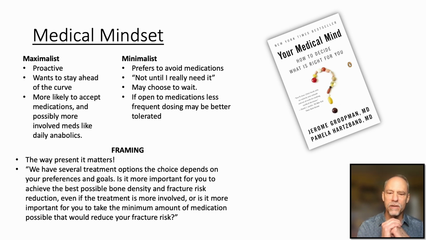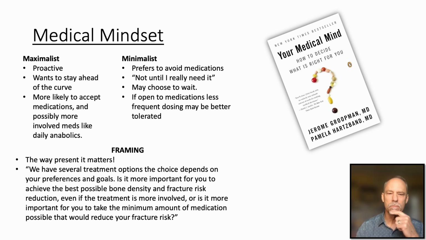Some of those people may choose not to be treated right away. They may choose to use some of the integrative approaches I'm going to talk about in a few minutes. We want to have a variety of things. We want to listen to the patient and find out what can work for them. We want to be patient with them. They may not choose to take the medication right out of the box.